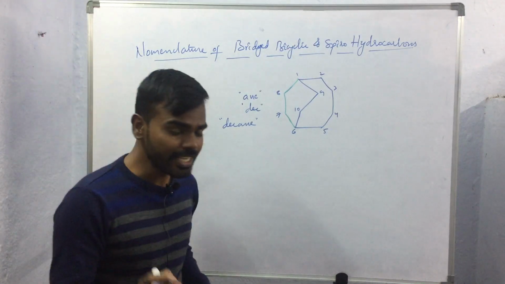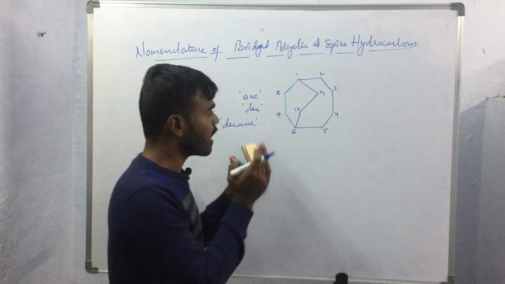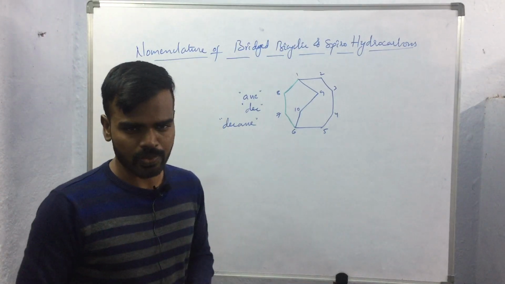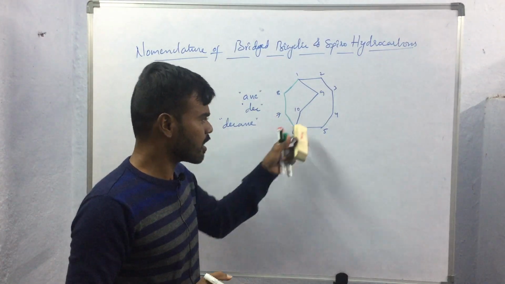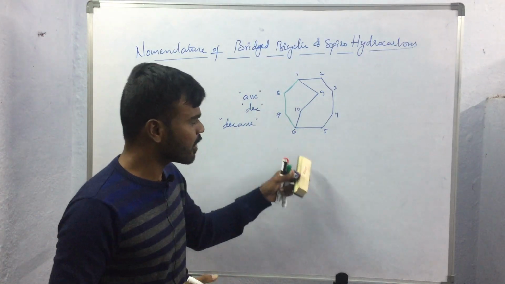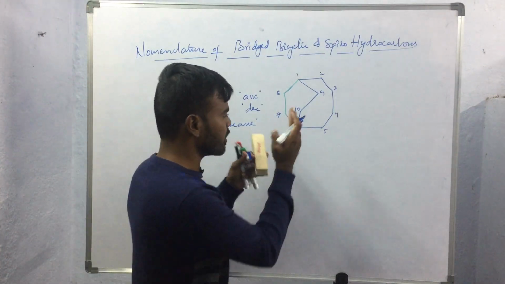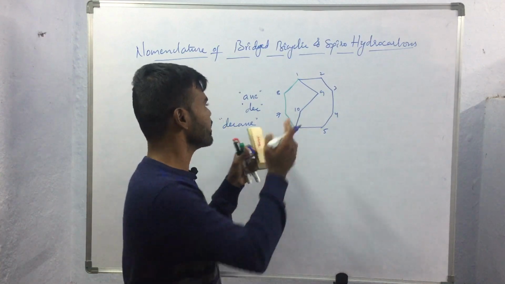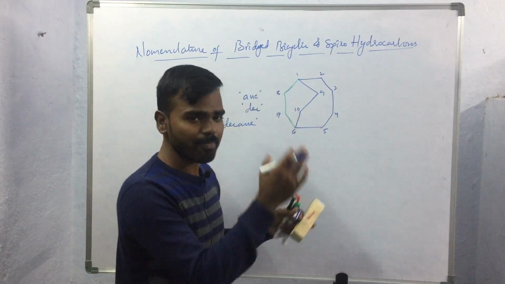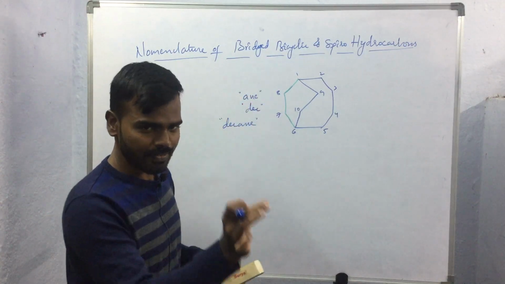So the first rule is we have to find out the highest priority functional group in the compound. Here the highest priority characteristic of this compound will be the saturation. As this compound is completely saturated, we are using ane as the suffix.